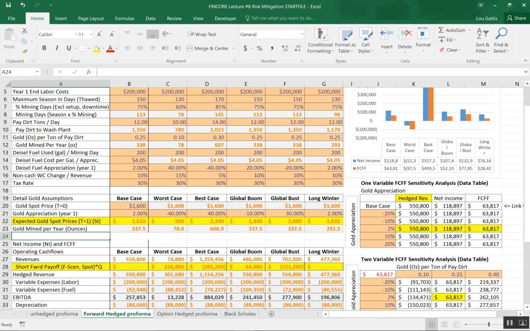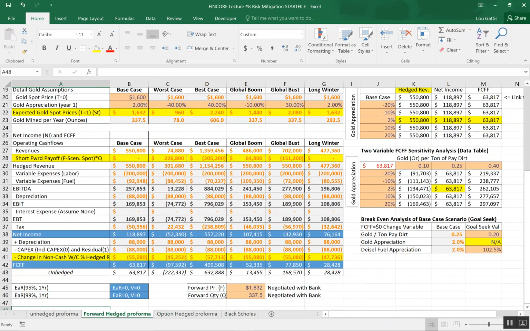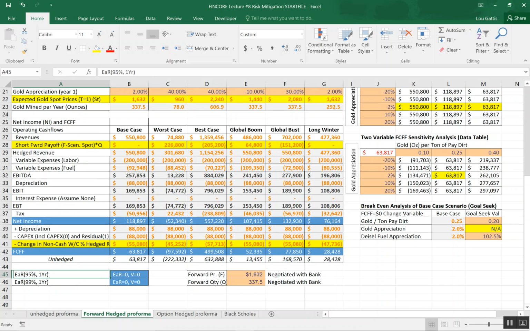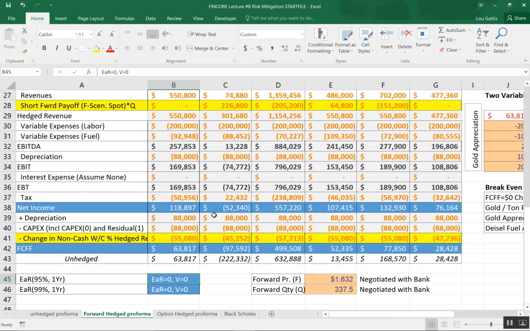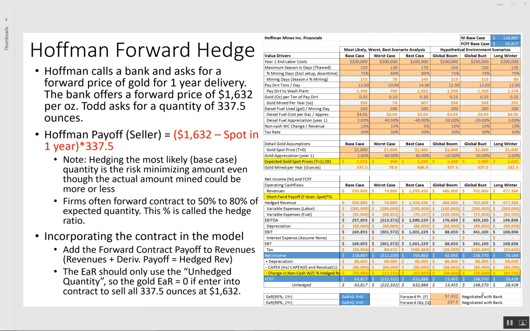Also, my EaR and CaR, my earnings at risk, will go to 0 because I no longer have a quantity of gold that's sensitive to gold price changes, the base case quantity. So in fact, my VaR goes to 0. So that's how we can use forward contracts to hedge the price of gold for someone that's trying to sell gold.